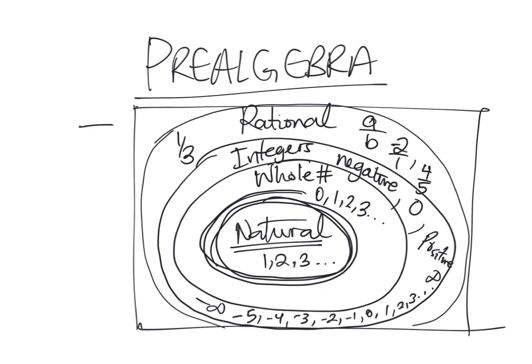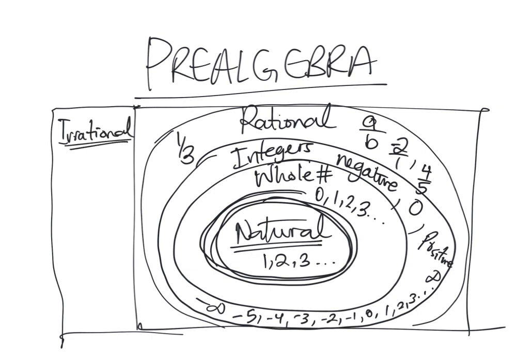However, there's another group of numbers that we're going to put off to the side, and this one is called irrational numbers. Irrational numbers would be things like pi, e, which is used in compound interest, and the square root of a prime number. If you take the square root of a prime number, that answer is irrational.